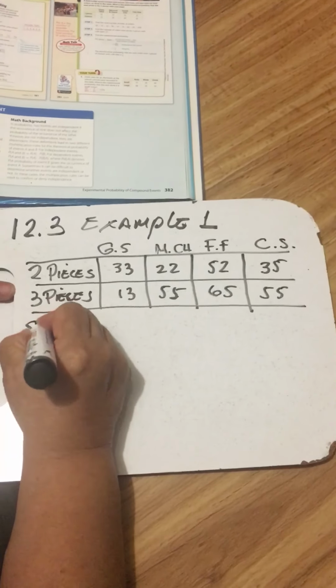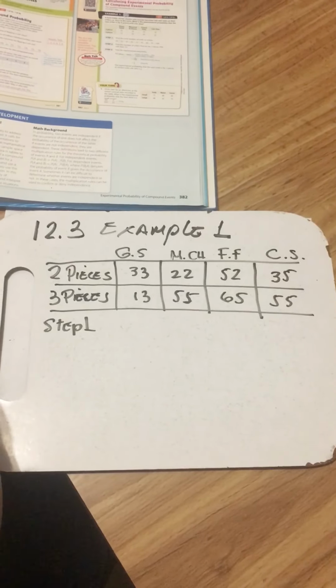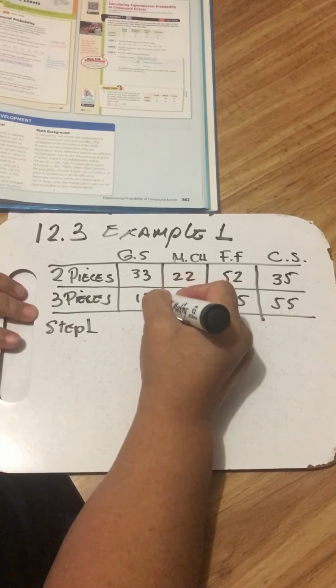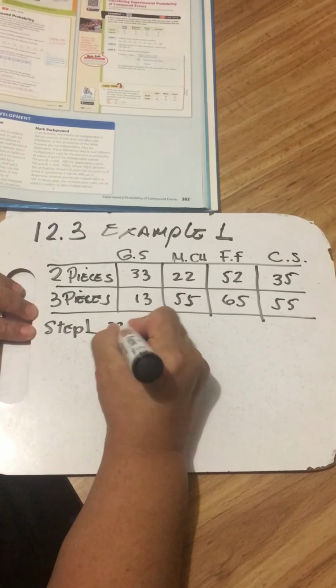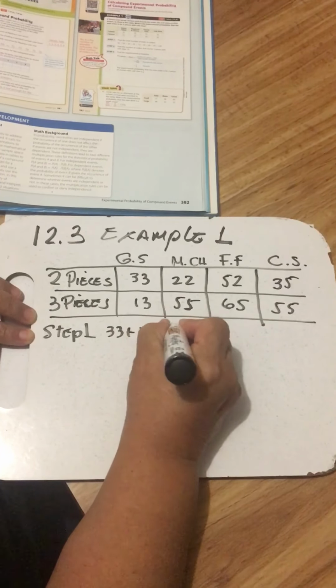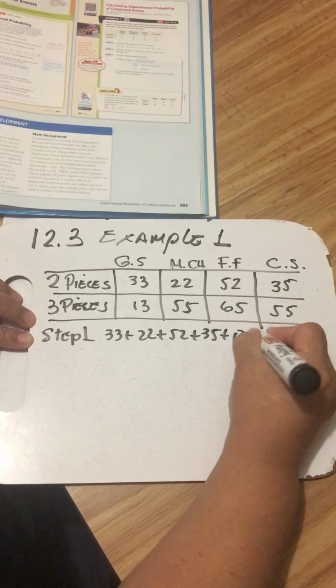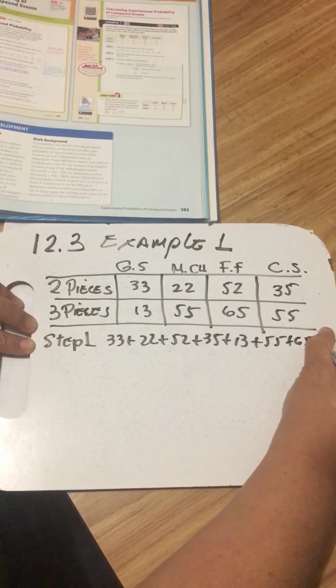The step 1. We want to find the total number of trials. Okay, we have to add all the numbers there. 33 plus 22 plus 52 plus 35 plus 13 plus 55 plus 65 plus 55.